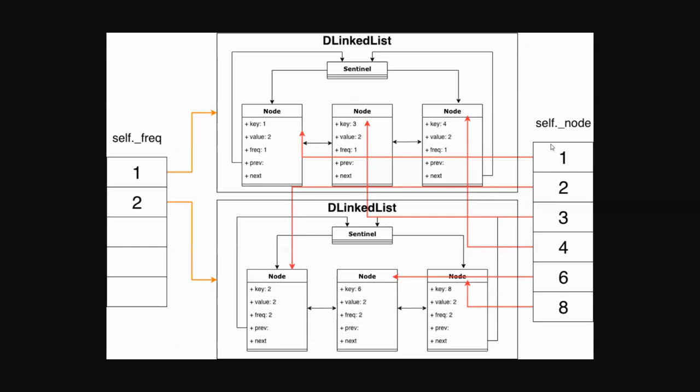And for the dictionary on the right, as you can see, the data has a key of 1, and it points to that node. And for a key-value pair that has a key of 2, that points to the node that has the key of 2, and the value is 2 and the frequency, etc.